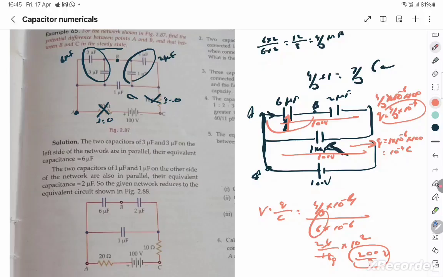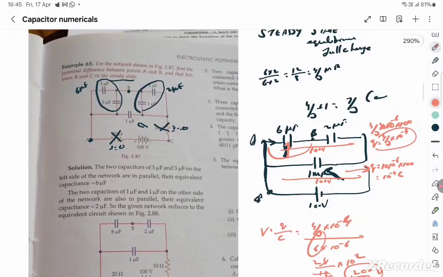Let me check if my answer is correct. One second. This is the 65th sum. Potential difference across the 6 microfarad.